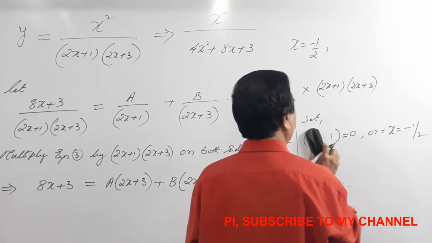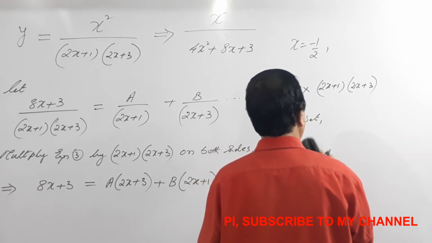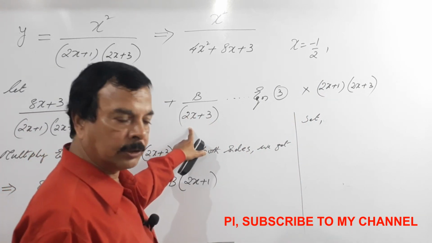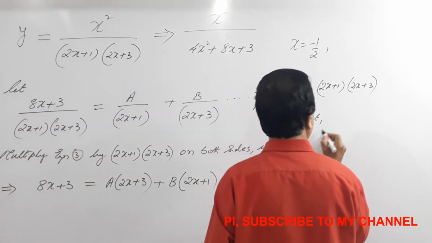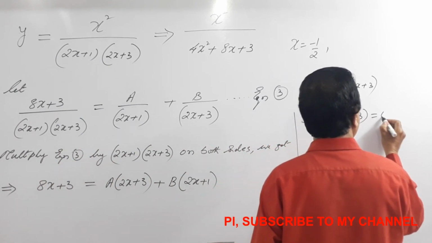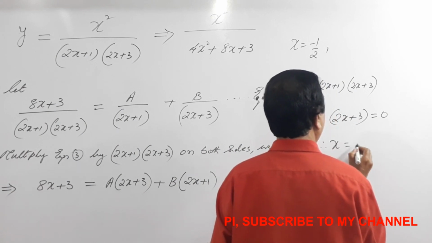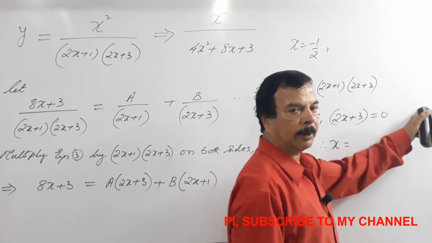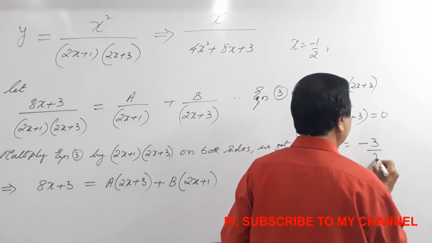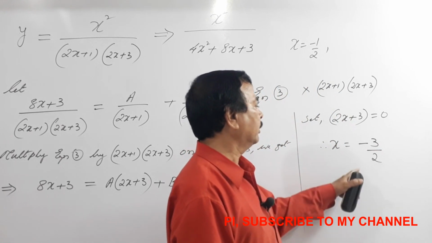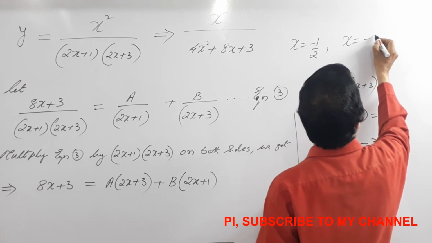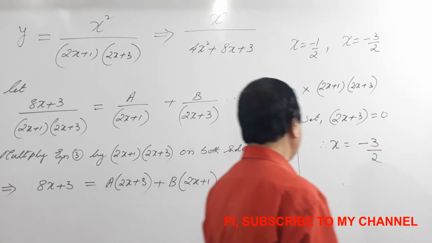Now second case, I set 2x plus 3 equals to 0. Therefore x will be, when 3 goes from left hand side to right hand side, it becomes minus 3, and this 2 goes to the denominator. So another value for x is x equals to minus 3 by 2.